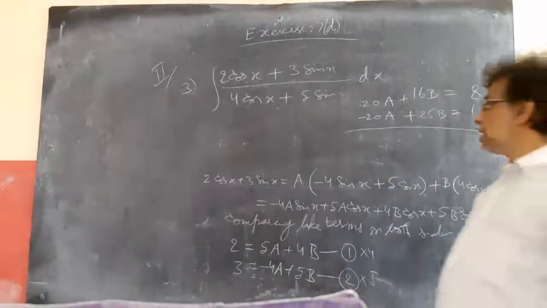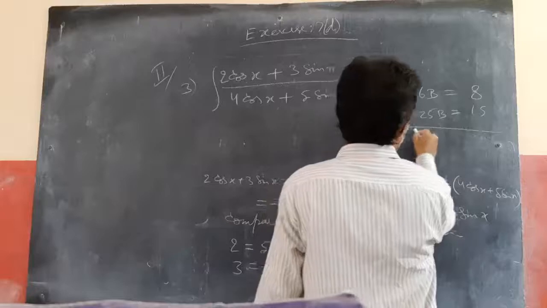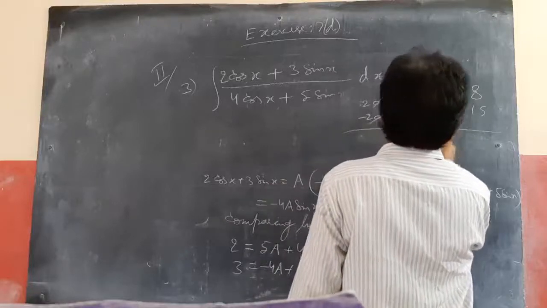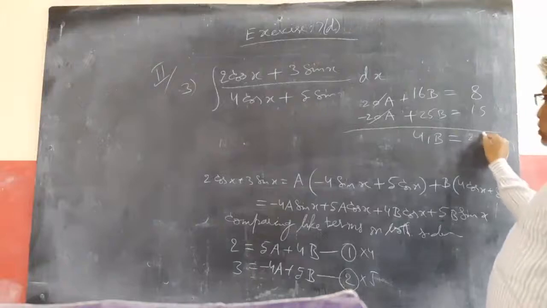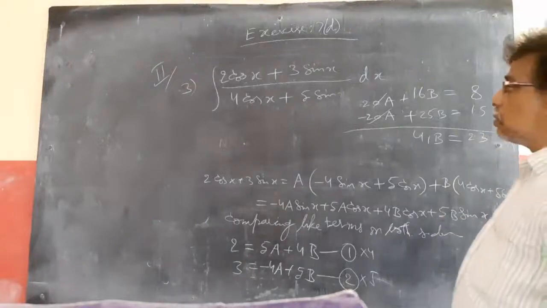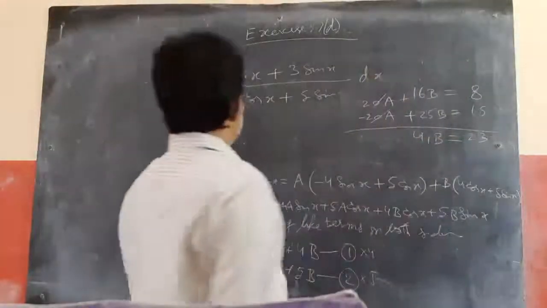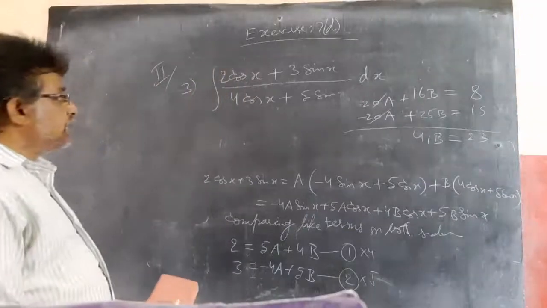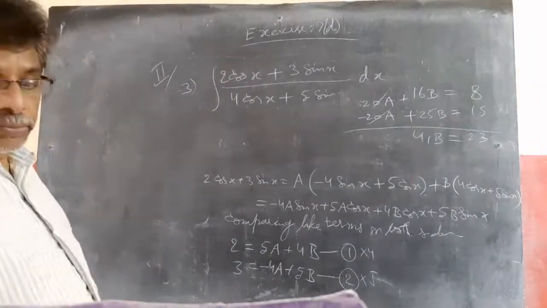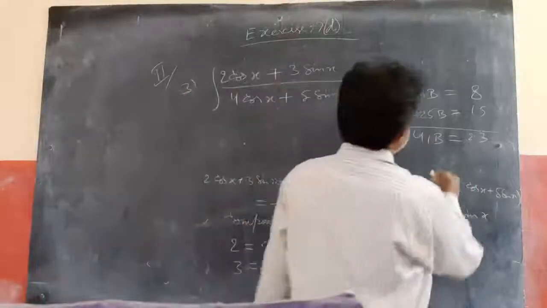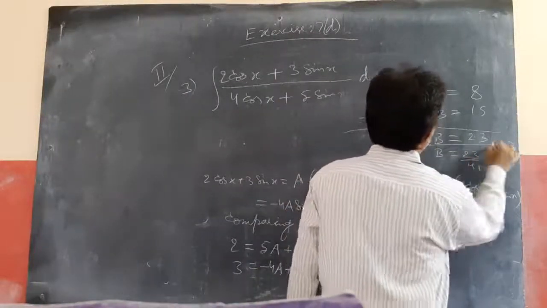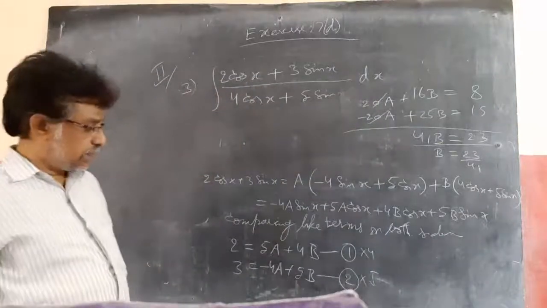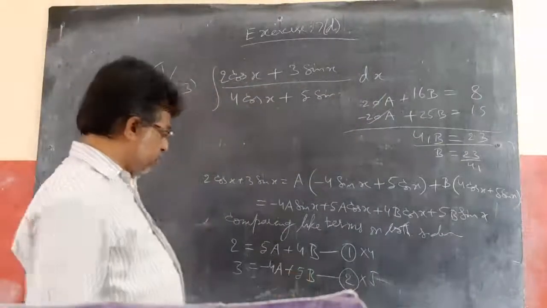So 20a cancels, 41b equals 23. Next, b is equal to 23 by 41. Substitute b in anything to give me the a value.